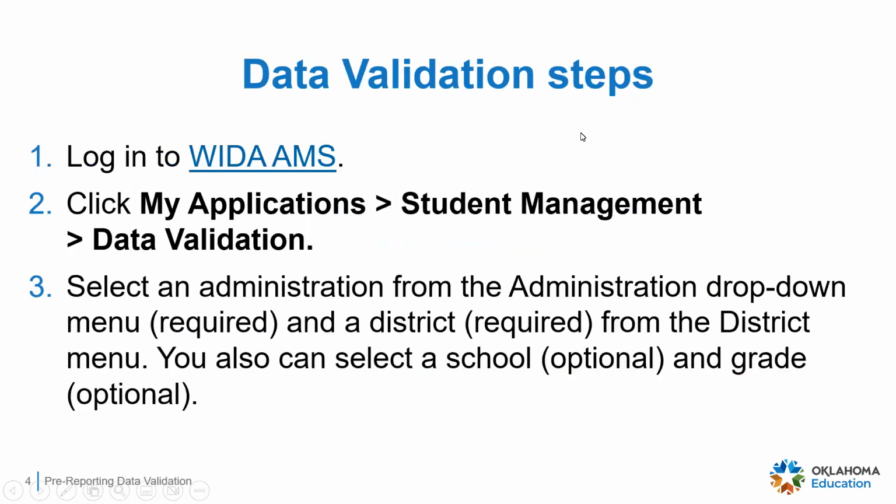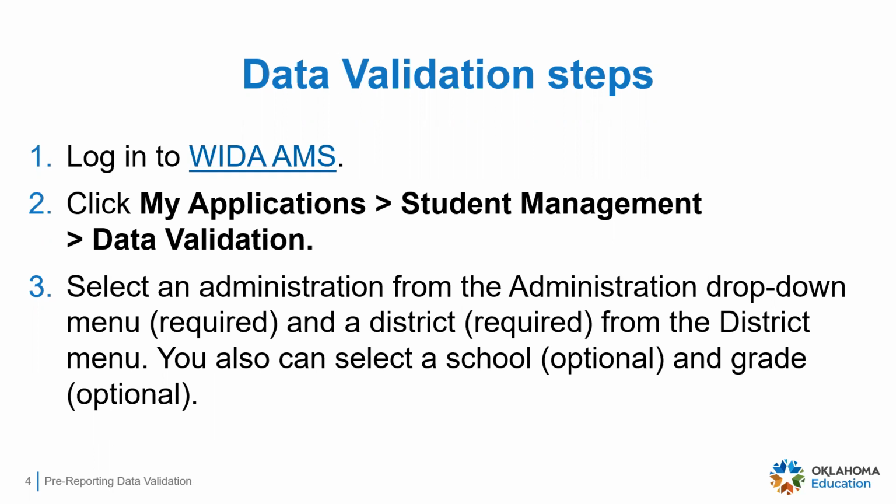So, steps to do data validation. First you'll log in to WIDA AMS. Up in the top left-hand corner of the page, you'll click My Applications, go to Student Management, and then Data Validation, which is over on the right-hand side at the top of the page. You will select an administration from the drop-down, which is required.